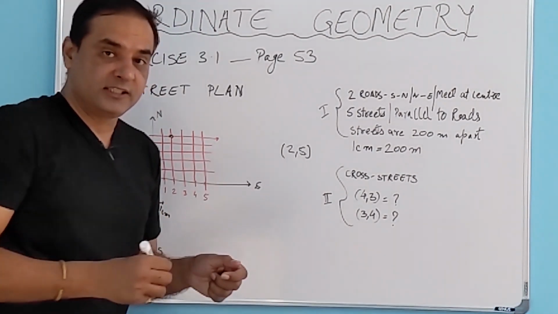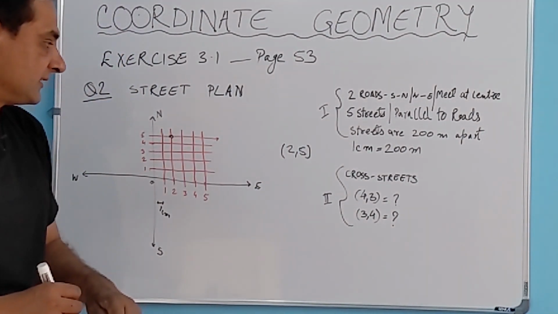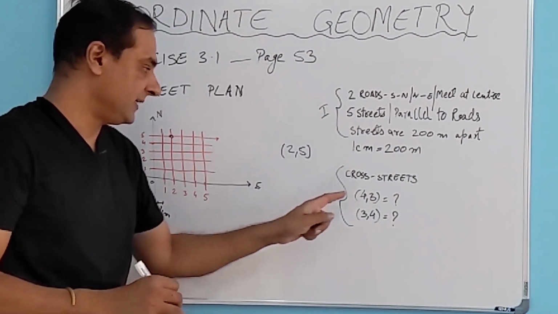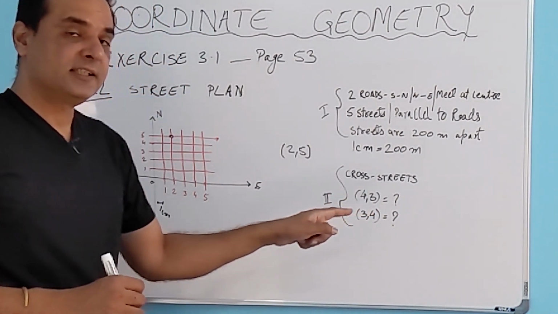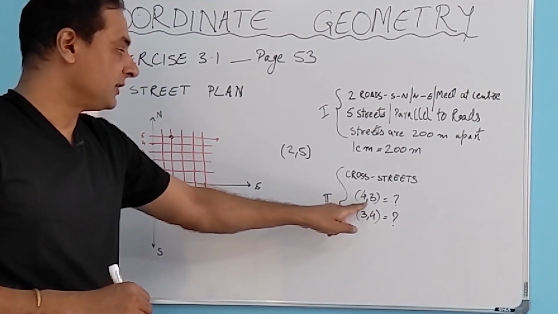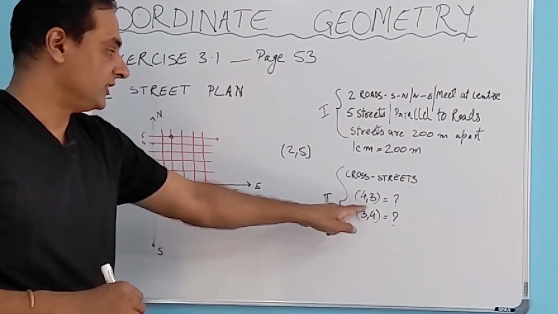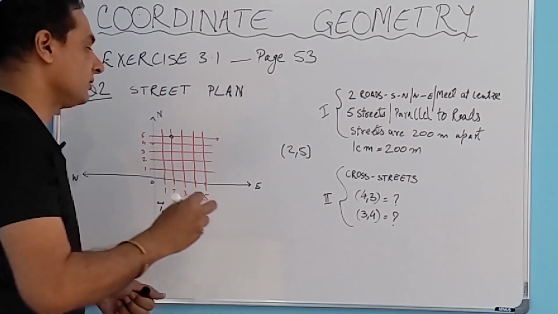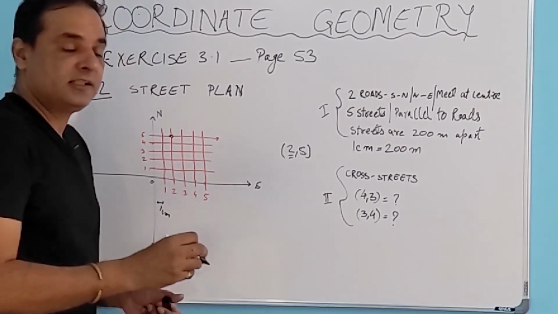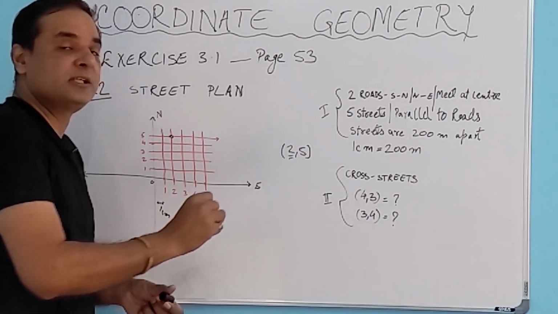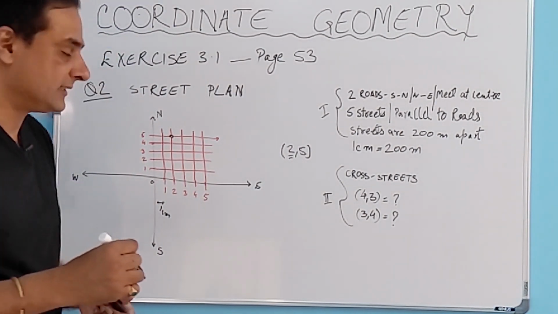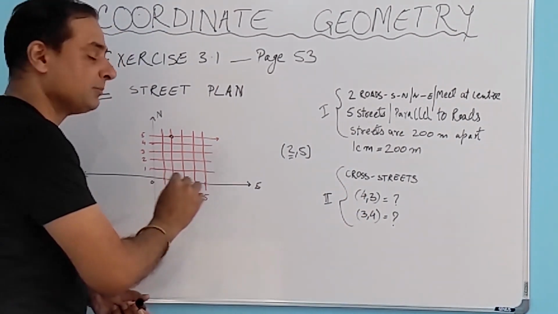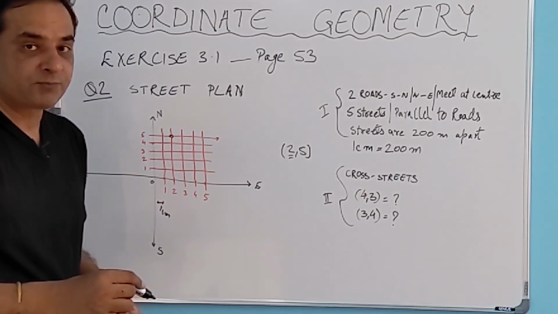Now with this assumption and definition of 2 and 5, the question is how many cross streets can we identify with number 4 comma 3, or with this nomenclature 4 comma 3. Given that in 2 and 5 the first number was the street which is running north and south, we say 4 is the number of the street which is running in the direction north and south.